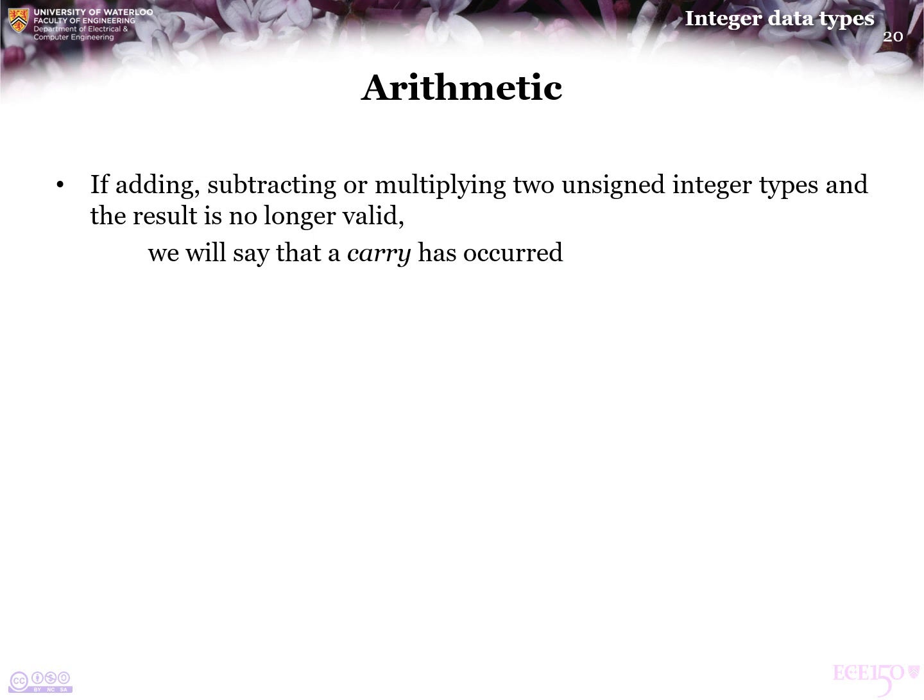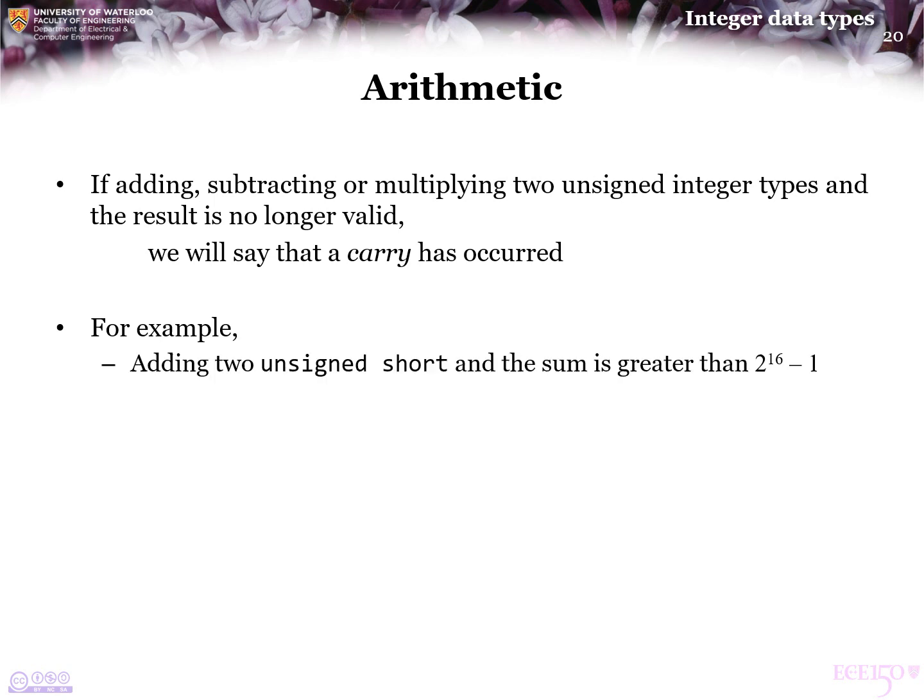Now, if adding, subtracting, or multiplying two unsigned integer types and the result is no longer valid, we will say that a carry has occurred. So, for example, if we were to add two unsigned shorts and the sum is greater than 2 to the 16 minus 1, a carry would have occurred.